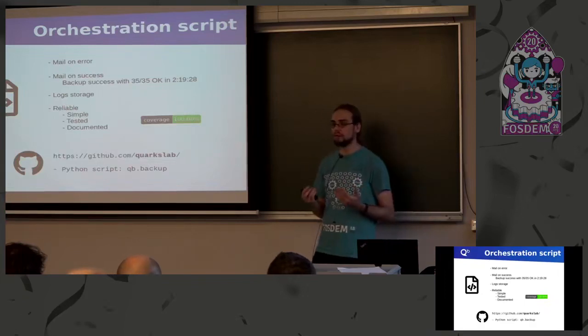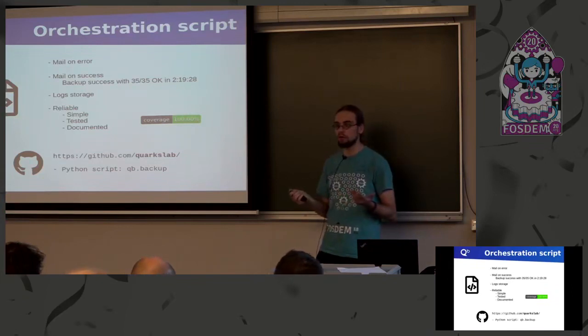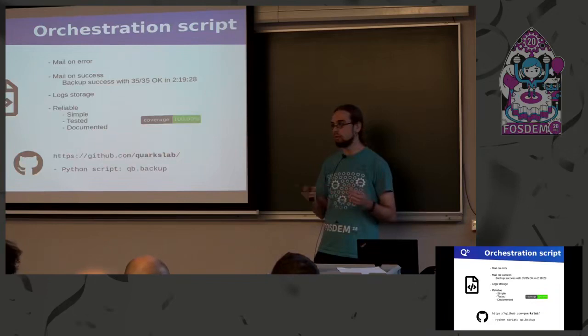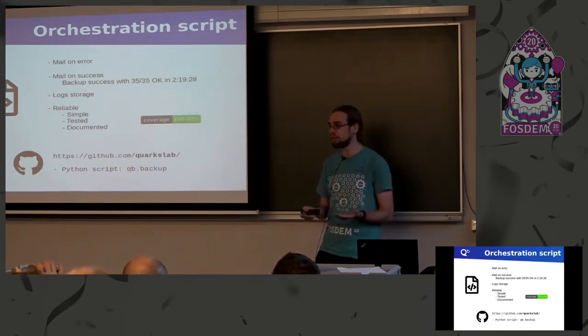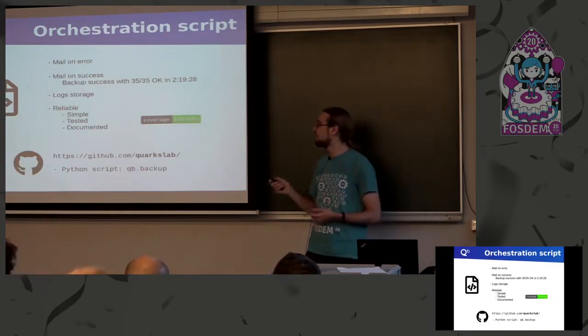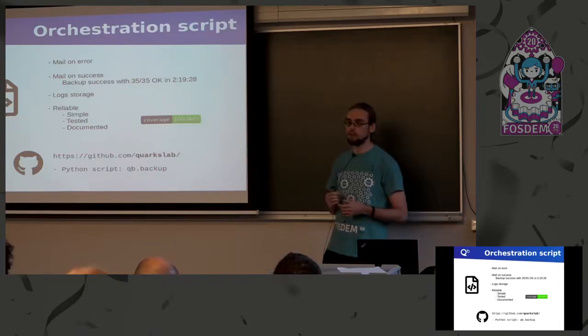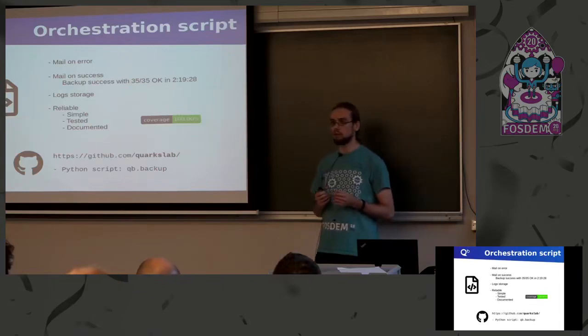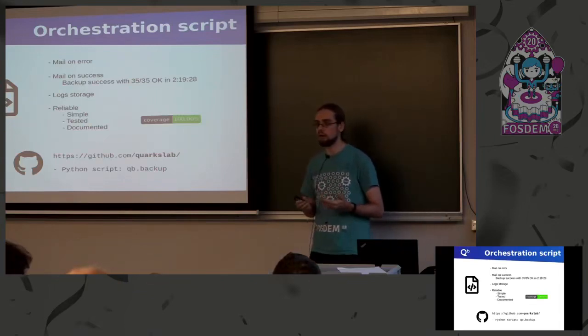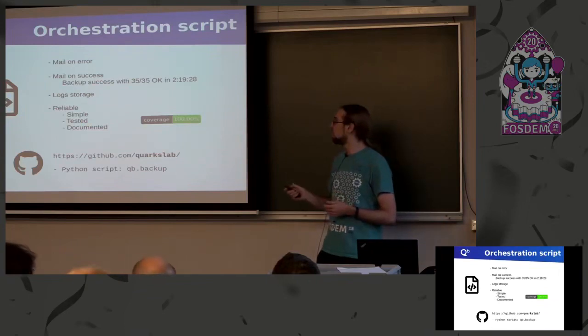For example, the backup server can be down for whatever reason, and then you will not receive any error message informing you that the backup can't be done because the server is down. So it's important for us to receive emails when everything is going well, because then we know that everything actually went well. That's the subject of the emails that are sent to us.